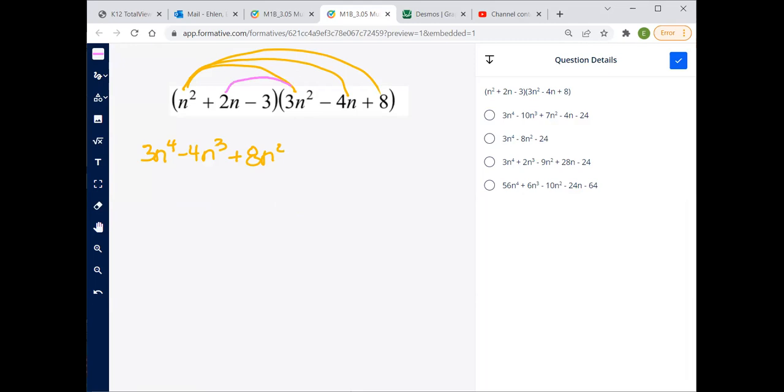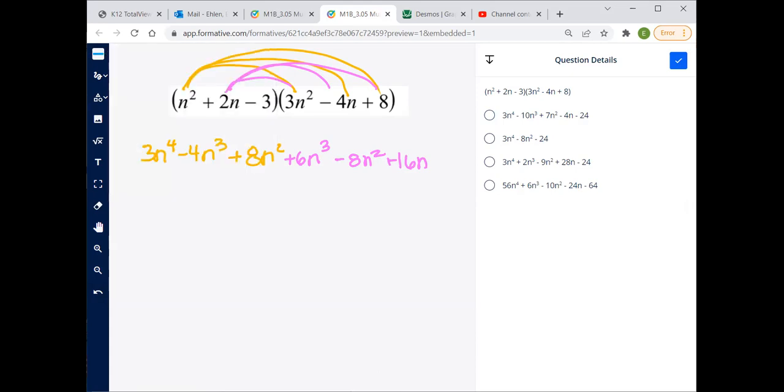So 2n times 3n squared would be positive 6n to the 3rd power. Almost made a little mistake there. Got to be careful. 2n times negative 4n would be negative 8n squared. And 2n times 8 is positive 16n.